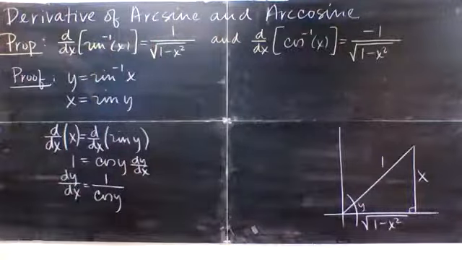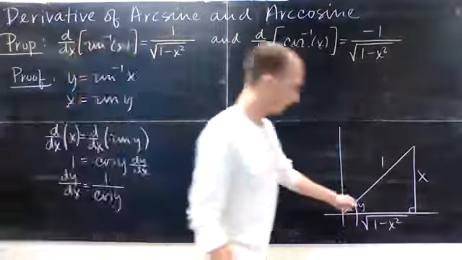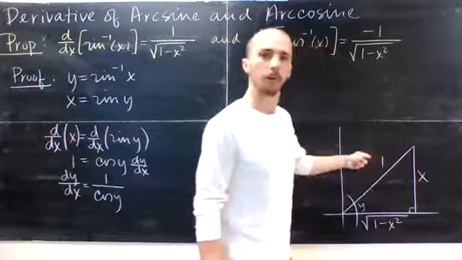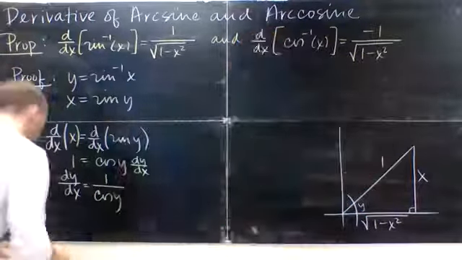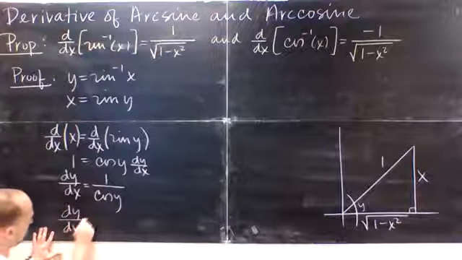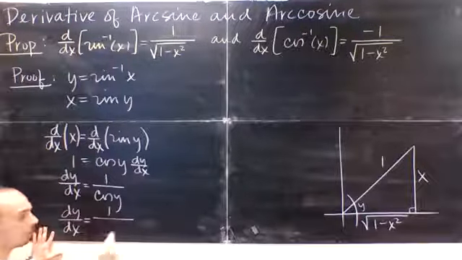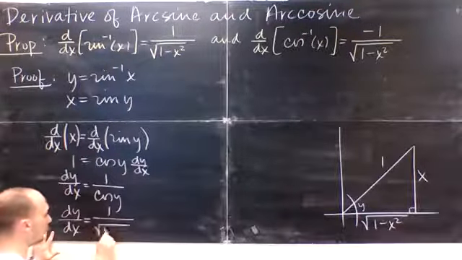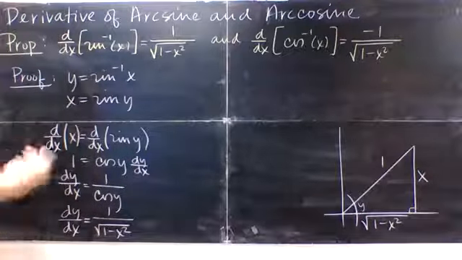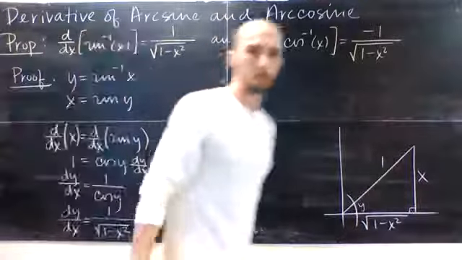And then realize that the cosine of y in this case is the square root of 1 minus x squared divided by 1. So I've got dy dx is 1 over the cosine of y, which is 1 over the square root of 1 minus x squared, and that's why the derivative of inverse sine is 1 over the square root of 1 minus x squared.